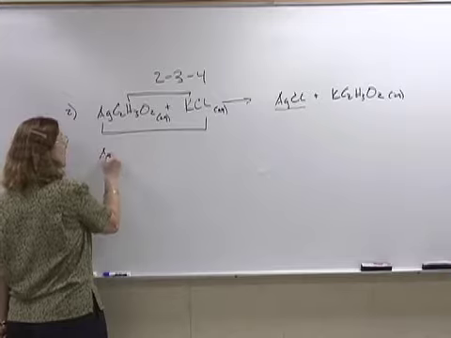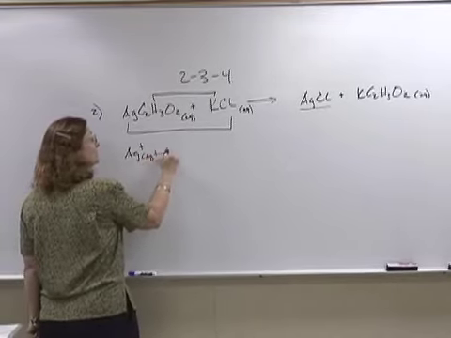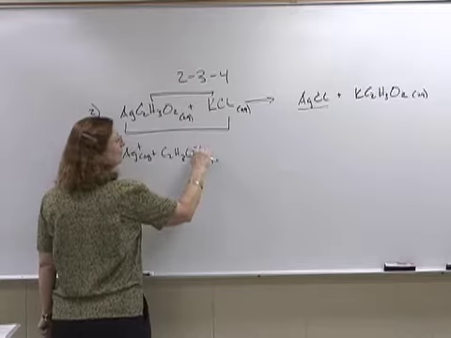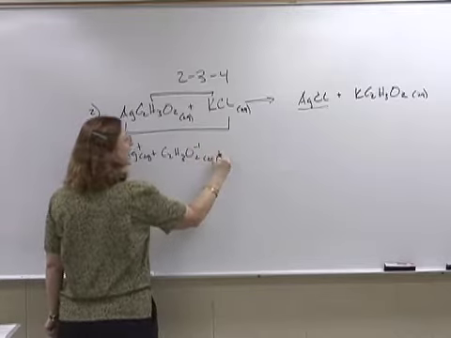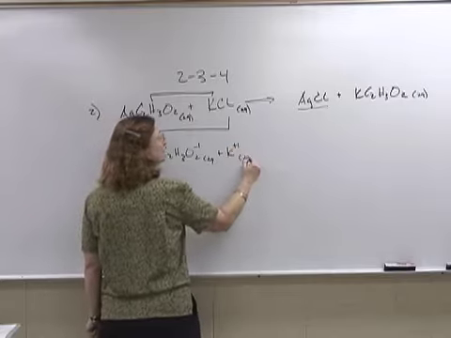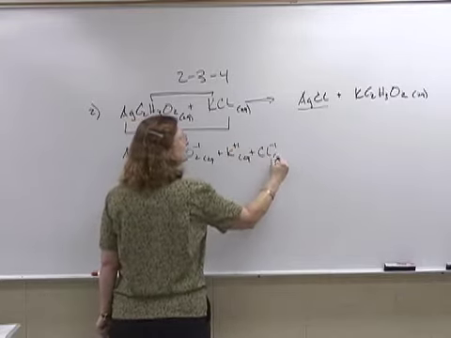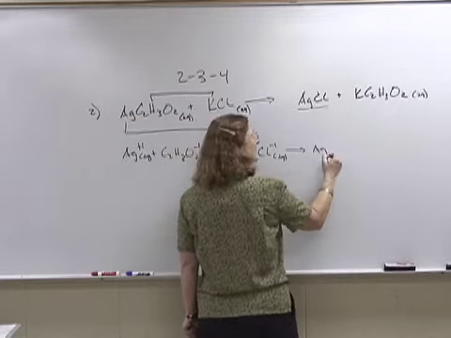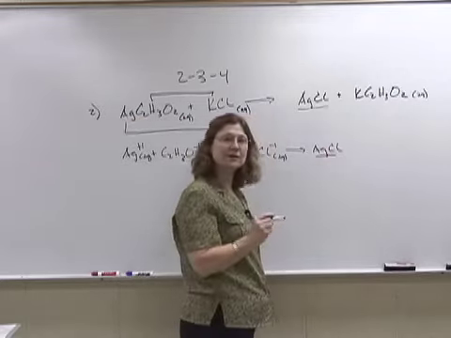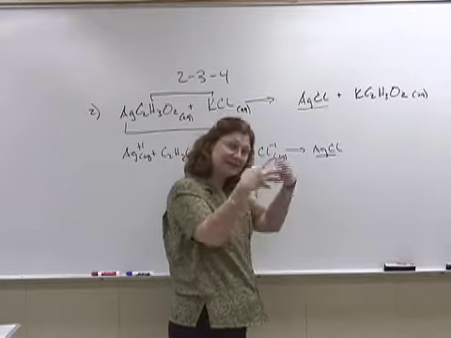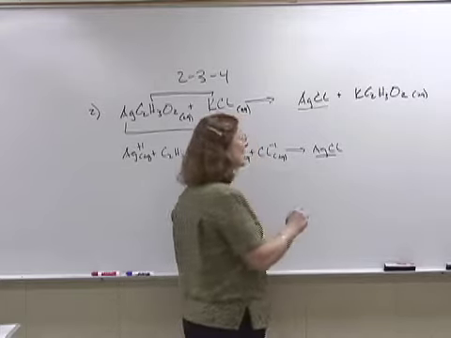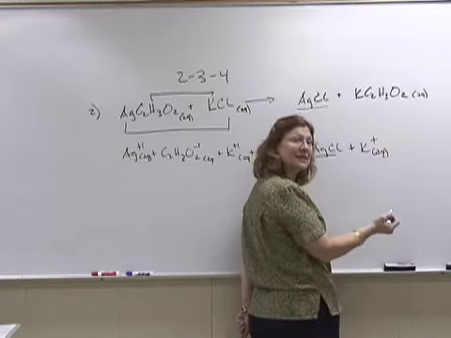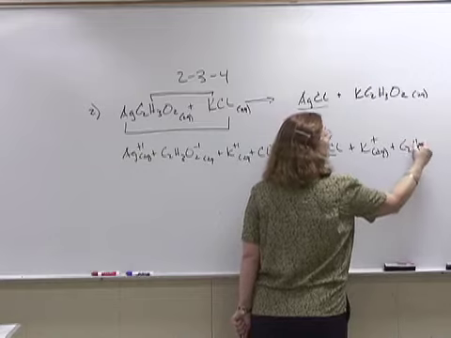I have silver ions, aqueous, plus acetate ions, aqueous, and potassium ions, aqueous, and chloride ions, aqueous, and I get silver chloride, and I cannot separate that because it's a solid and it's stuck together. Those particles are making the solid. But I have potassium ions, aqueous, and I have acetate ions, aqueous.